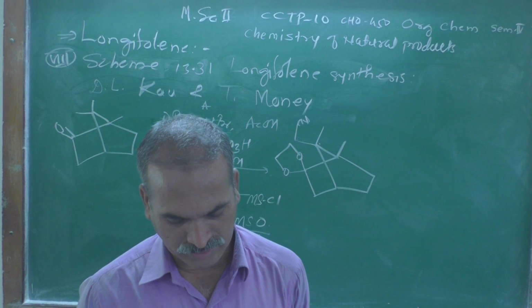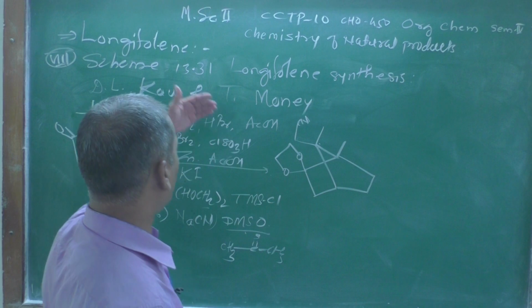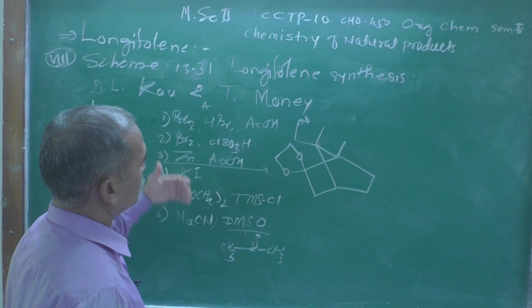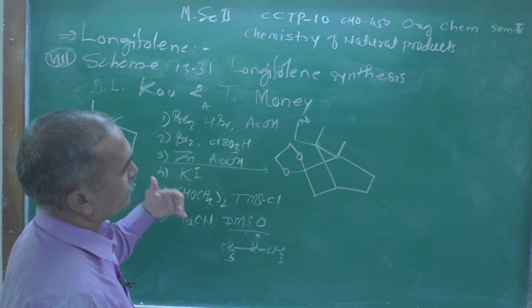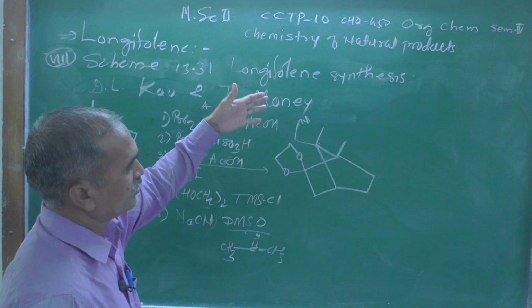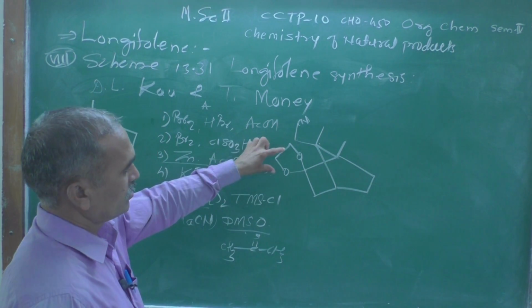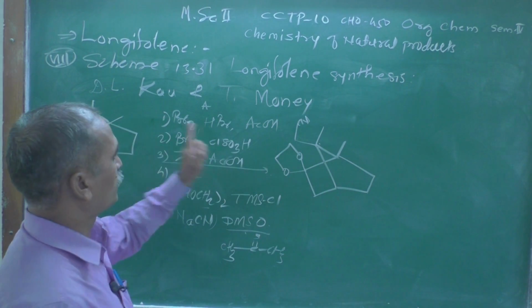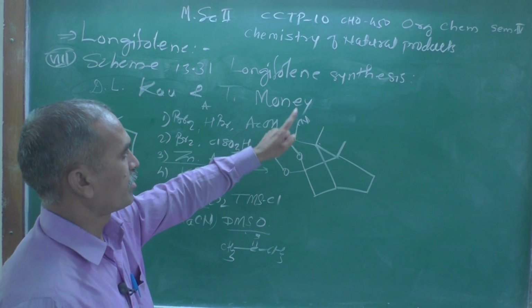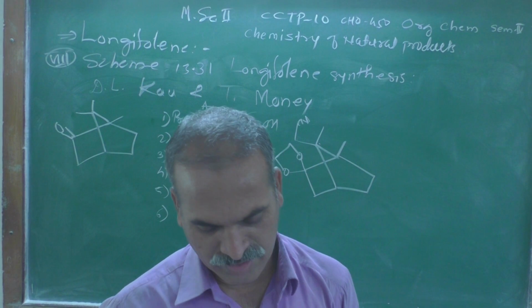getting the product here. All these reagents are added one by one, and finally we end up with the product. We obtain this product. The carbonyl group is protected, and one of the hydrogen atoms gets replaced by the cyanide group.